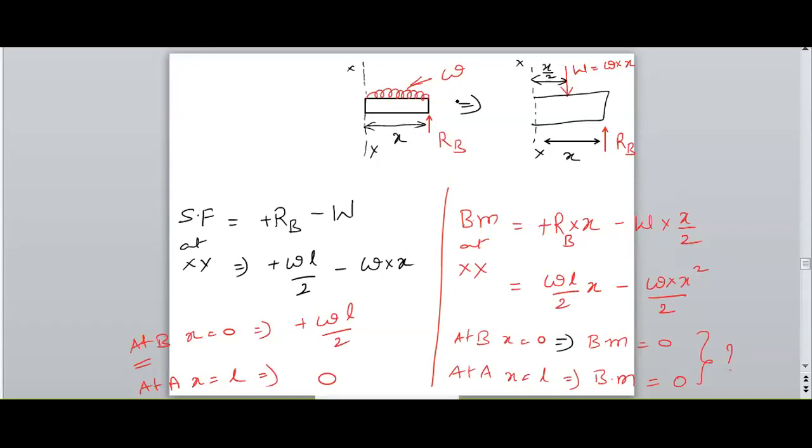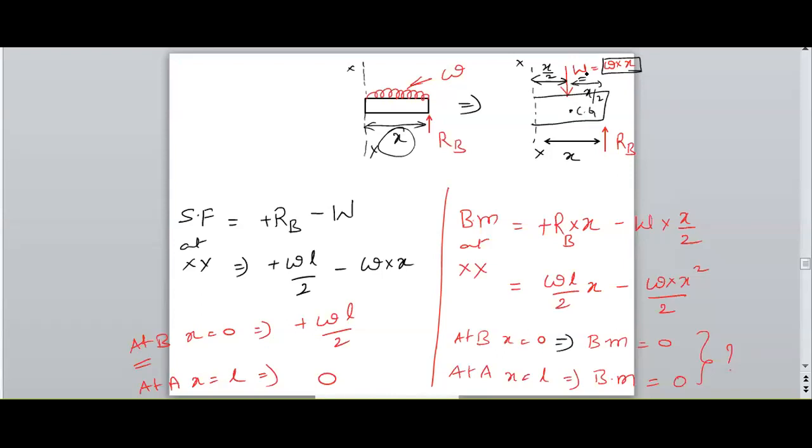Capital W value is small w into x. The length of the UDL is only x, and it acts at the centroid, at a distance of x by 2.